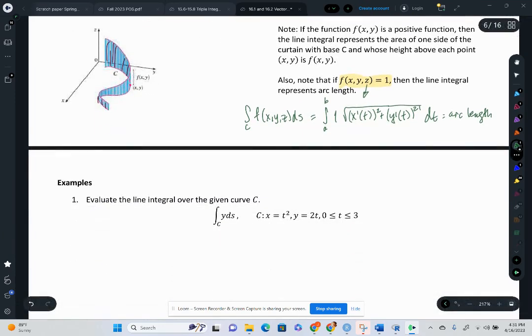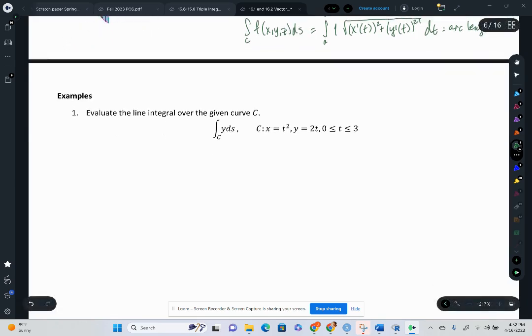All right, so let's try some examples to see how this all works. Here we're asked to evaluate the line integral over the given curve C of y ds. Anytime I'm working through a line integral, I remind myself that the line integral over C of f of x, y ds is equal to the integral from a to b of f of x of t, y of t, times the square root of x prime squared plus y prime squared dt.